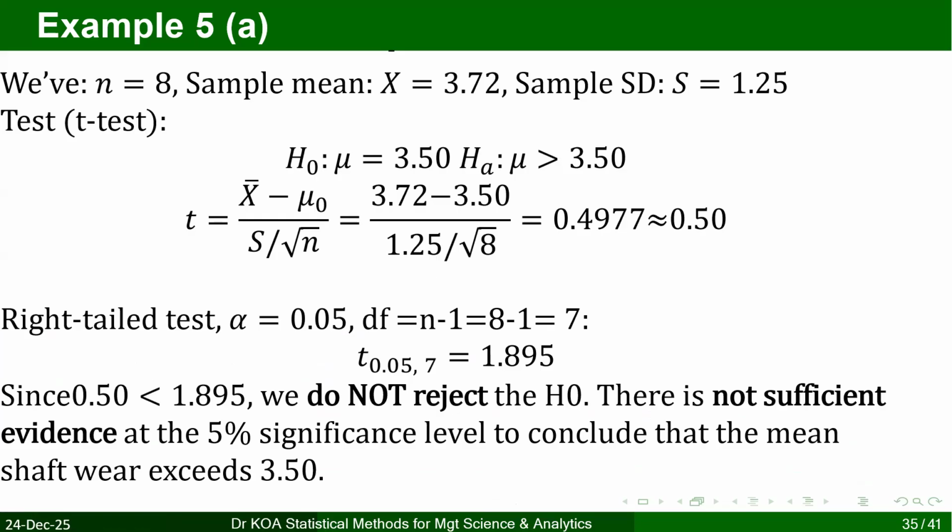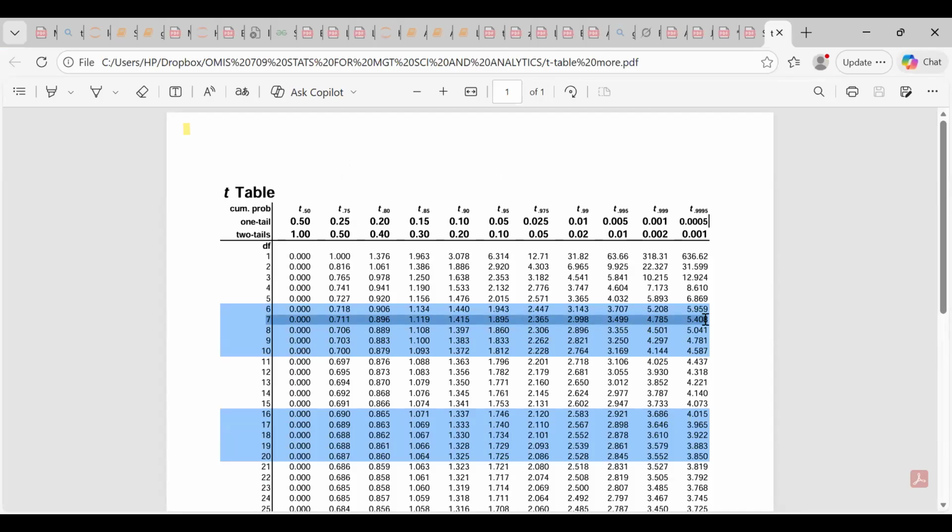Please, reading from the table, if you mistakenly read from the two tail instead of the one tail, is there going to be any difference? Yes, there will. Let's check. Your answer was right there in your face. It's still going to be at 7 degrees of freedom.